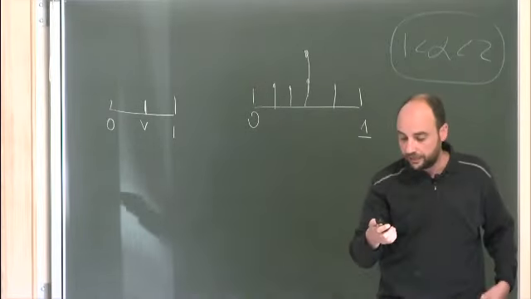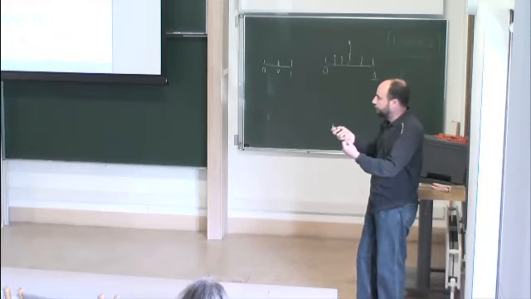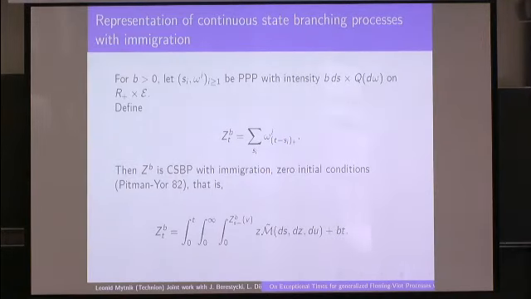And these points are given by this Poisson law. Okay? And it was proved by Pitman and Yor that if I do this and check what I get, it is the continuous state branching process with immigration B.